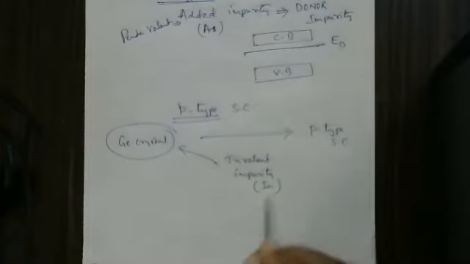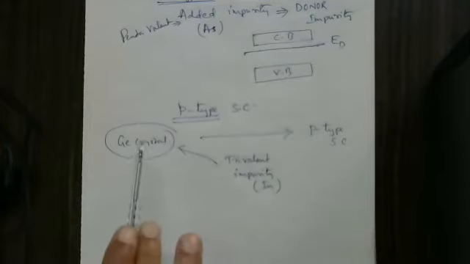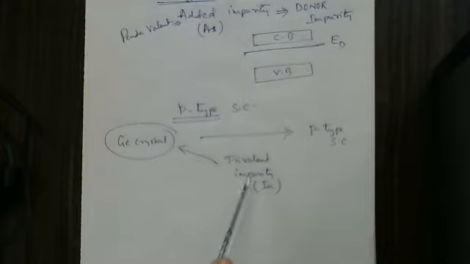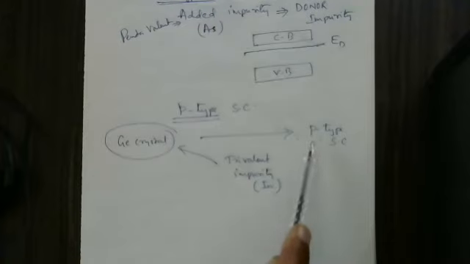One more question. How to get a P-type semiconductor? To a germanium crystal, which is an intrinsic semiconductor, we have added a trivalent impurity, which is indium. Then the resultant extrinsic, impure semiconductor is called the P-type semiconductor.